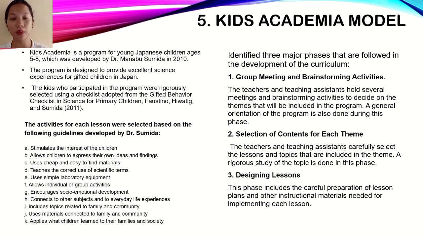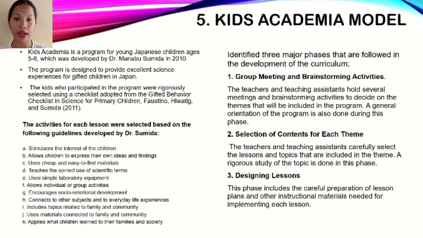So Kids Academia model was actually originated by Dr. Manabu Sumida from Japan. The kids who participated in the program were rigorously selected using a checklist adopted from the Gifted Behavior Checklist in Science for Primary Children, Faustino, Hiwatig, and Sumida.